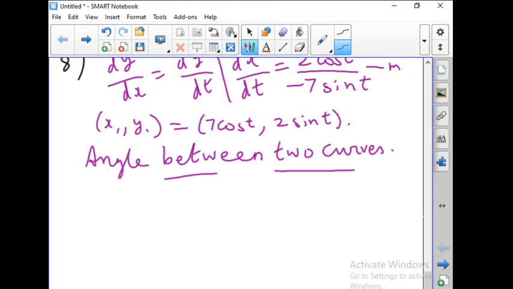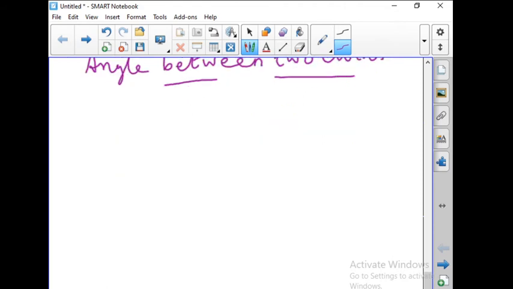So angle between two curves is nothing but, if they intersect, the acute angle between the tangent lines to those two curves at the point of intersection. That is, the angle between two curves is the angle between the tangents at the point of intersection.